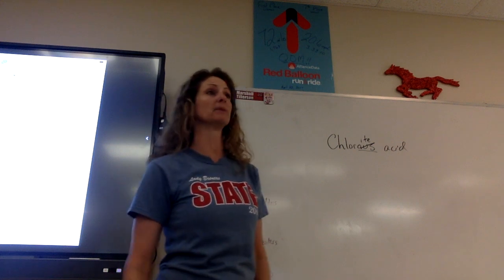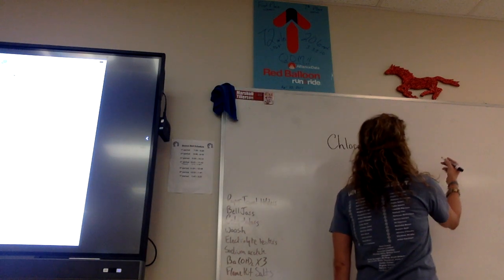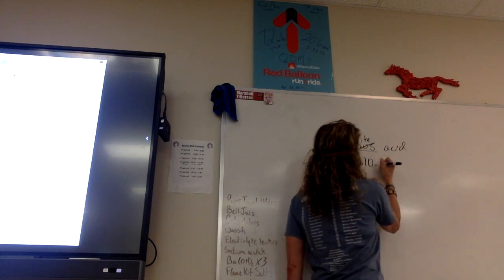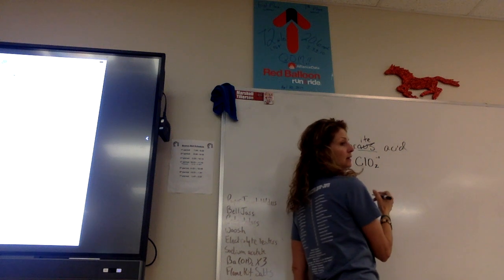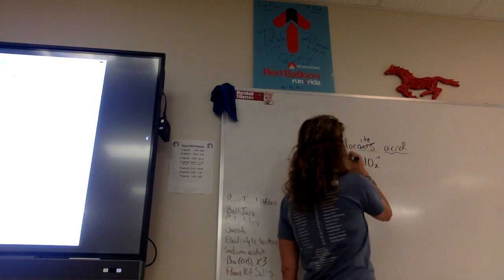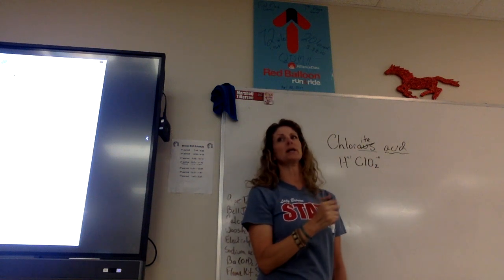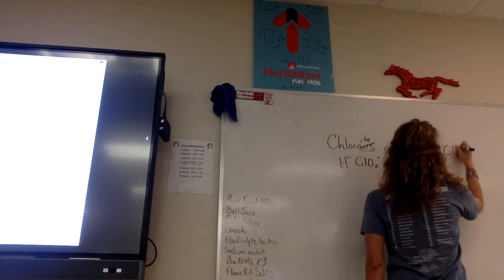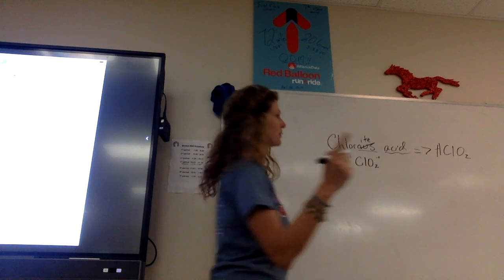You're welcome to look up the polyatomic, absolutely. What is chlorite? ClO2 with a -1, right? Acid means? Starts with H, good. So this is HClO2. Aqueous.